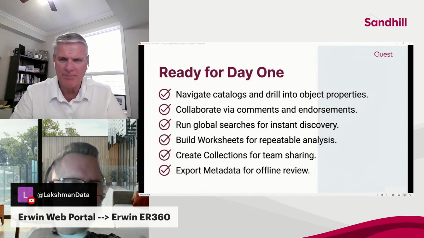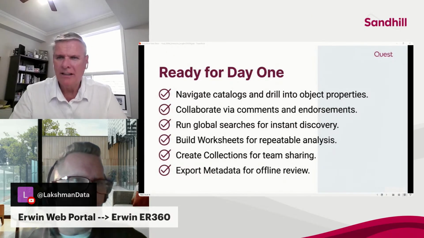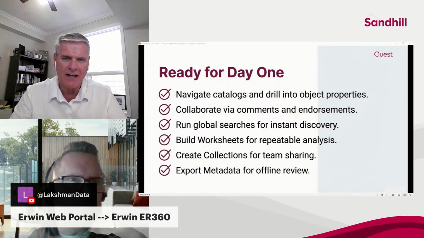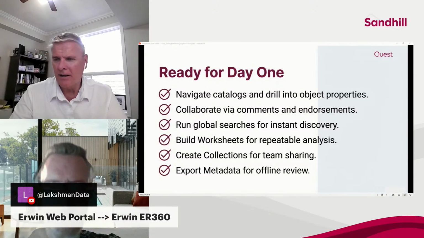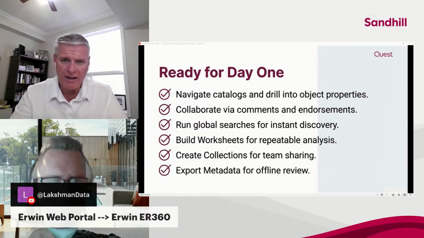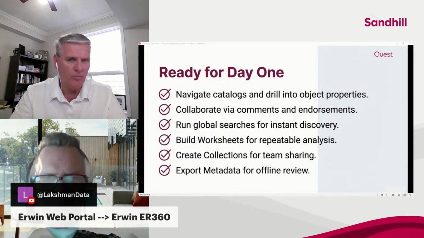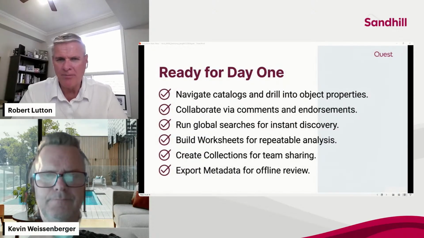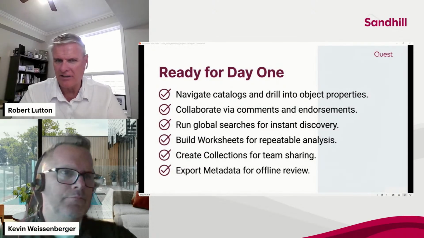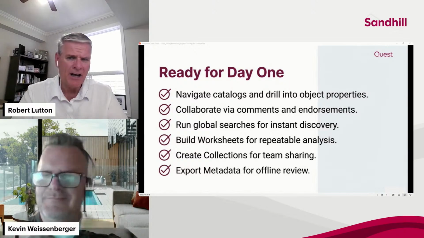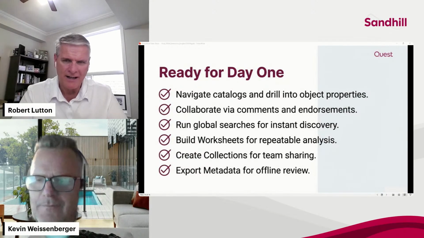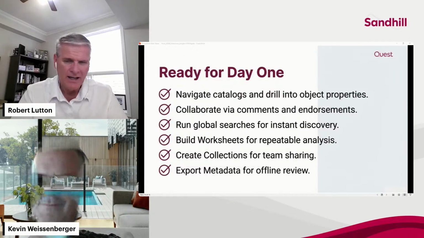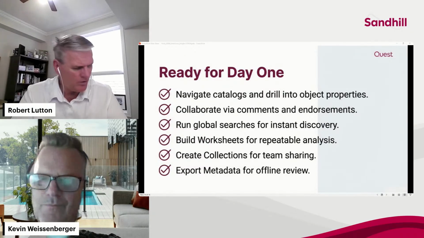ER360 has been going quite well. Kevin has showed how you can navigate the catalogs and drill into the object properties, shown how you can collaborate via the comments and endorsements, run a global search, how you can build worksheets, how you can create collections for team and sharing, and how you can review the metadata both in the tool and the diagrams from a tree structure.